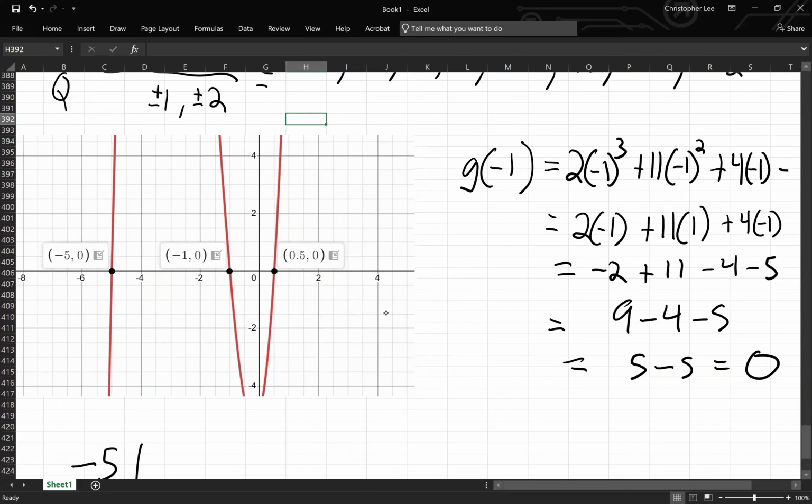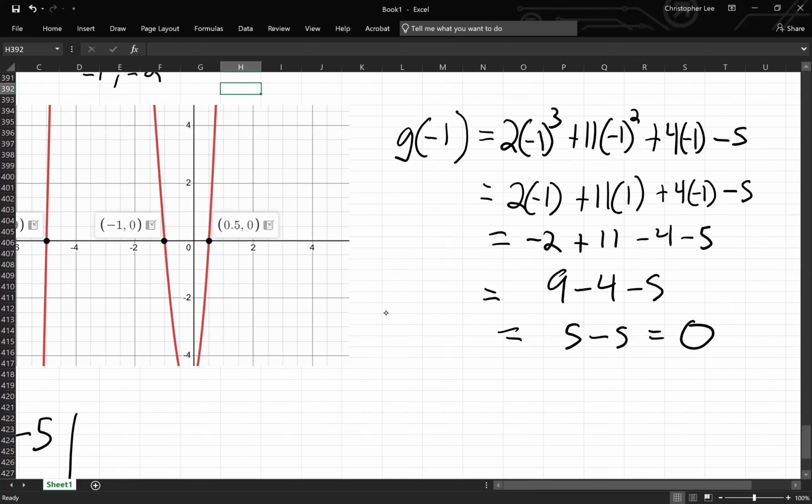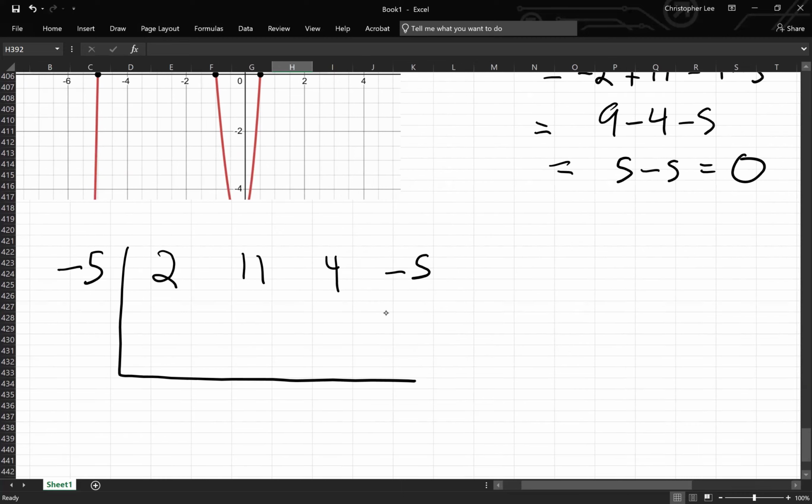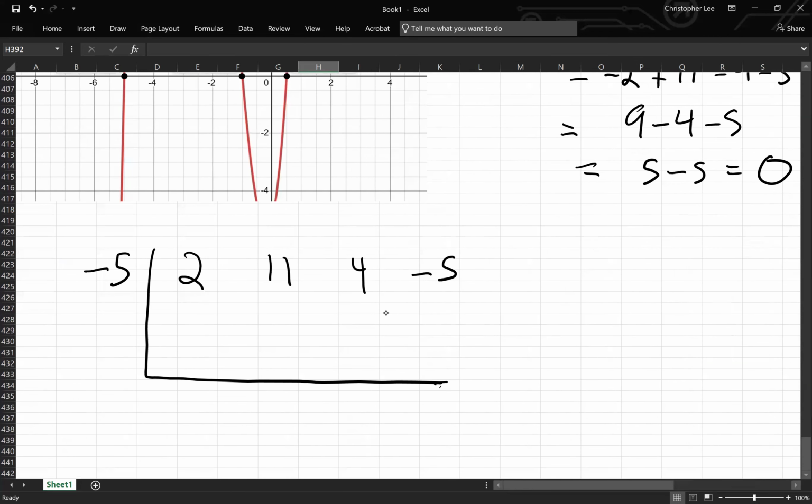Let me just grab that from over here. So we're going to have 2, 11, 4, then the zeros for the remaining terms, and -5. Boom. Now, if this works, I should get 0 at the end.